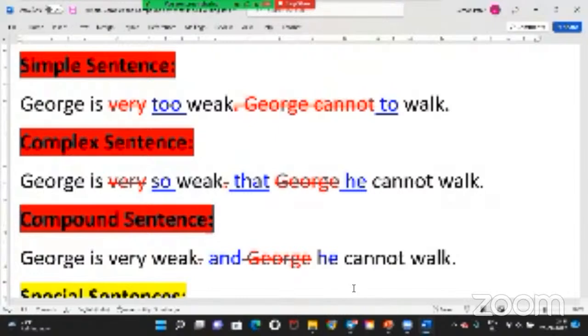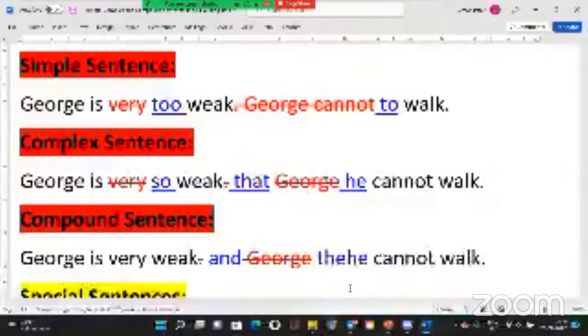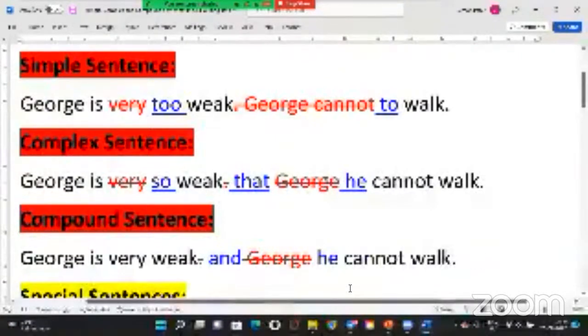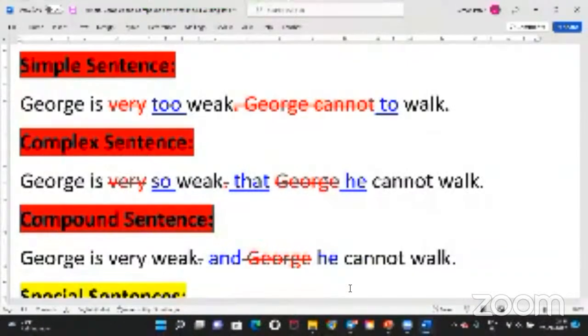Or just and he cannot walk. Enough. So George is very weak and he cannot walk. Cause and effect, therefore. Okay. Right. So these are the styles how you can write when you get the sentence. These are the styles when you get two sentences and you are writing these sentences.